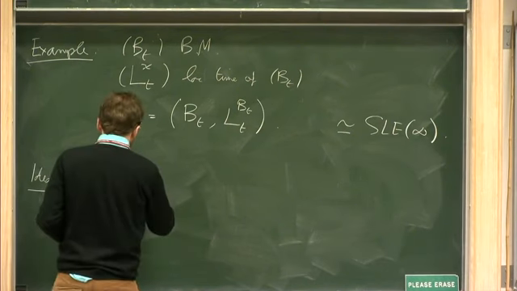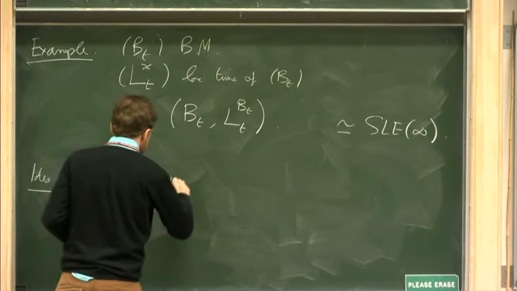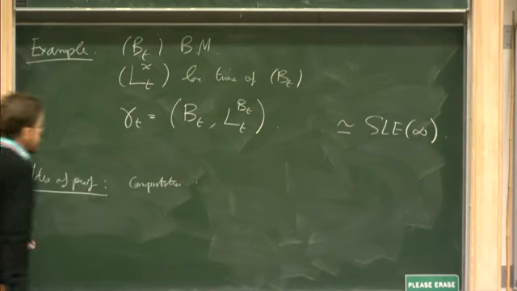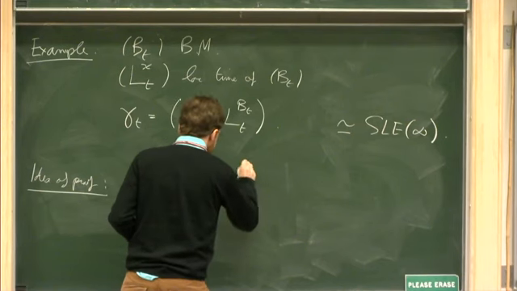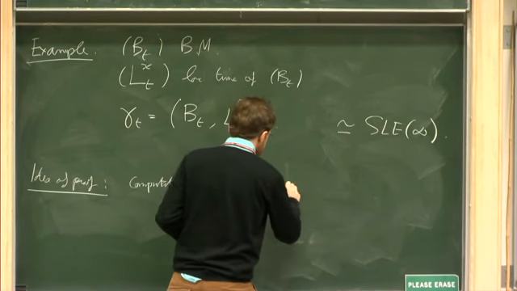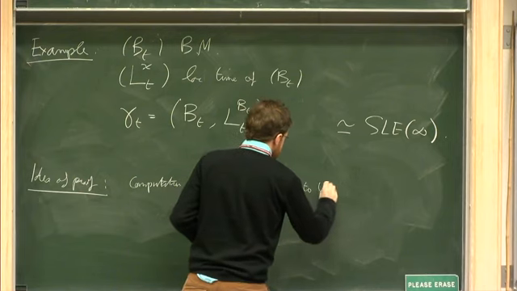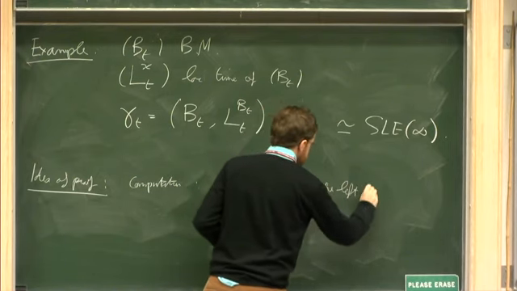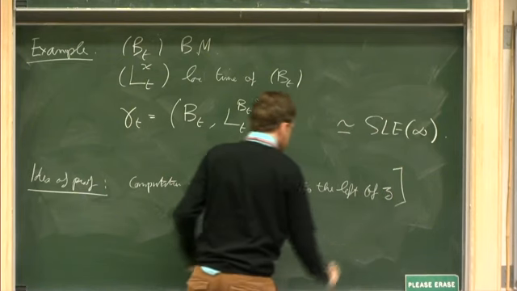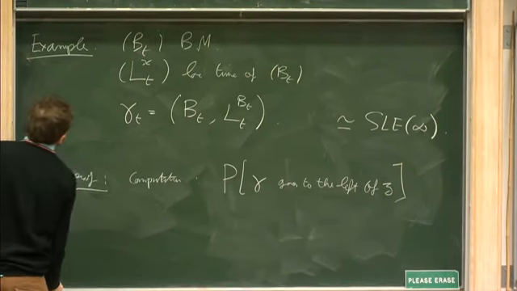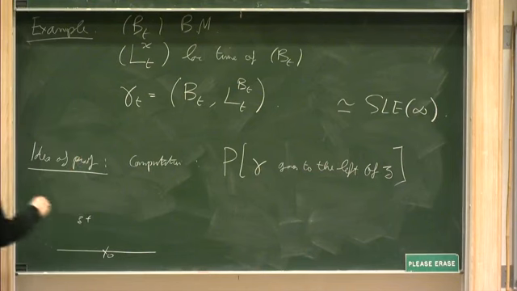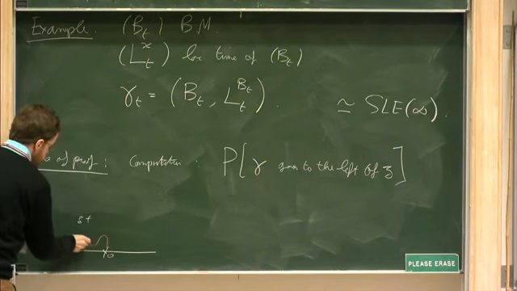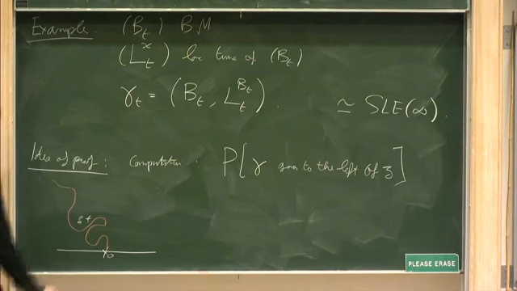So there is a computation that is very similar to what I did here, but for the probability that gamma goes to the left of a point z. So in the picture, this is 0, this is z, and the event that you want is something like that.